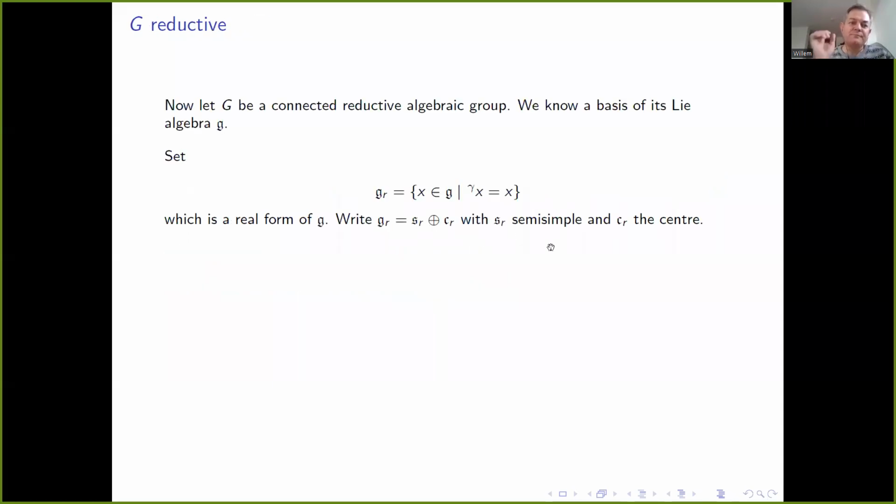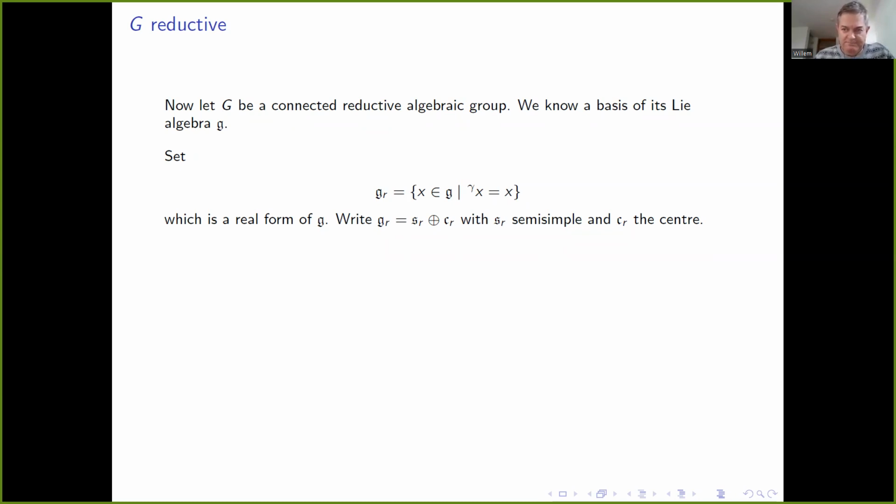Okay. Now we know how to do it for tori. We go on to connected reductive algebraic groups. So connected. And we know a basis of its Lie algebra, again, which is now called g.